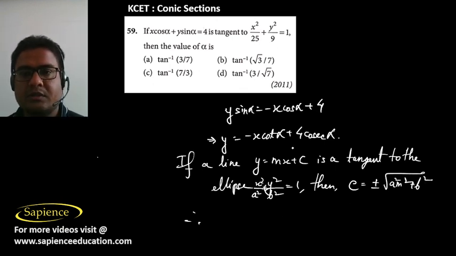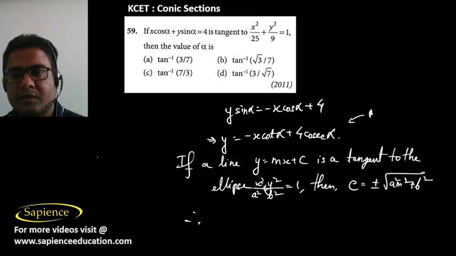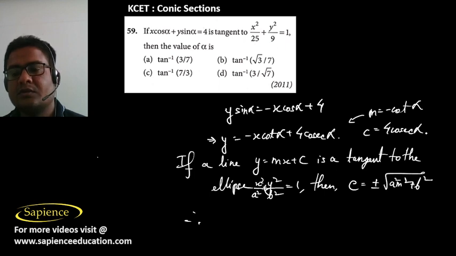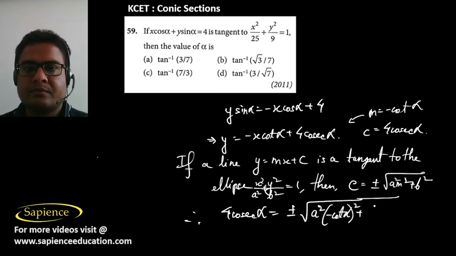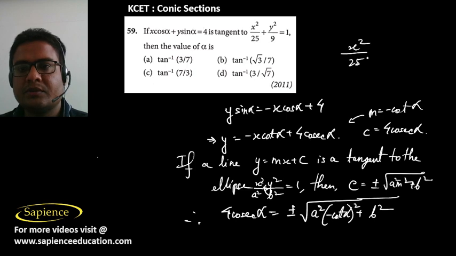So now here m is minus cot alpha and c is 4 cosec alpha. So 4 cosec alpha will be equal to plus or minus square root of a square m square, that is minus cot alpha whole square, plus b square. Here the equation of the ellipse is x square by 25 plus y square by 9 equal to 1.